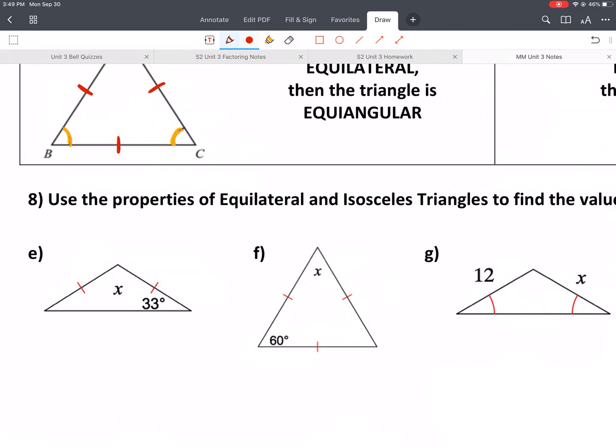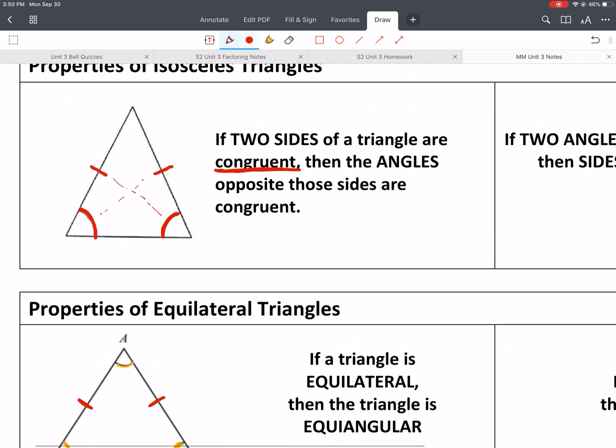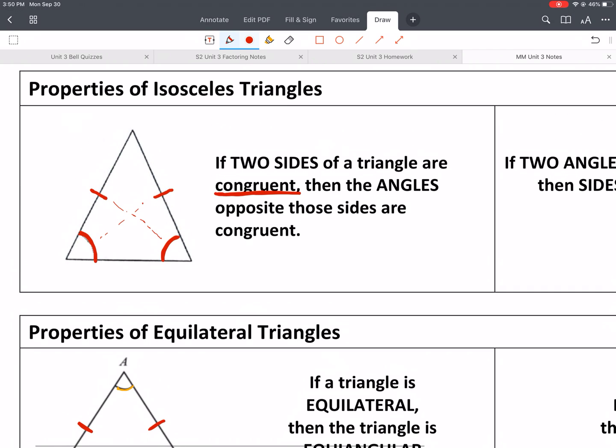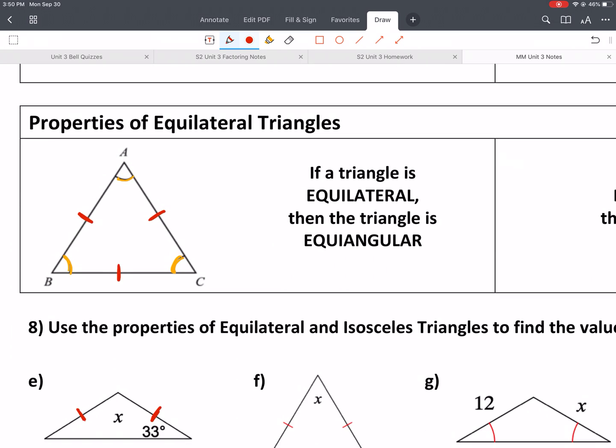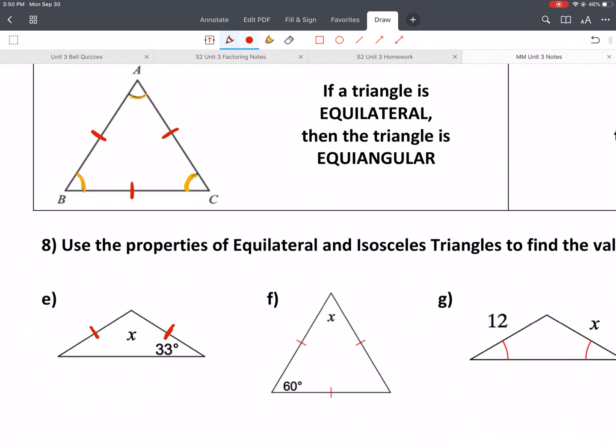Looking at E, since we have two sides that are congruent, we can say, oh, that is an isosceles. If two sides of a triangle are congruent, then the angles opposite of those sides are also congruent. So opposite of this side would be the 33, and this angle must also be 33. We're just trying to find this angle at the top of the triangle.